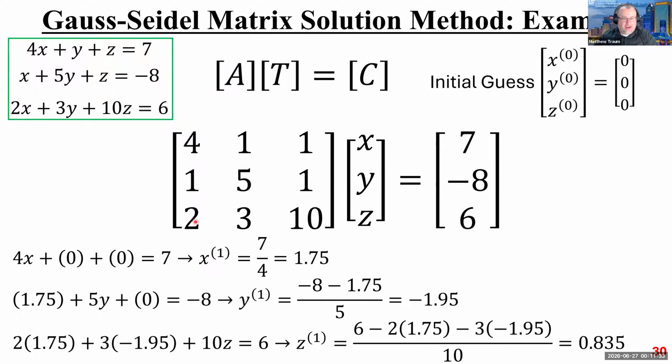Here's the A matrix, here's the T vector, which we'll call T, X, Y, and Z. And then here's the C vector. Where do all these things come from? Well, look: 4, 1, 1; 1, 5, 1; 2, 3, 10; and 7, minus 8, 6.